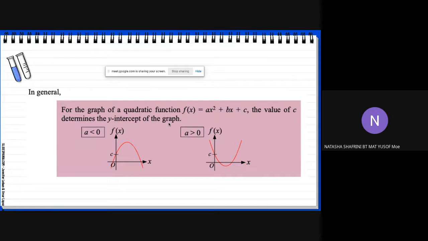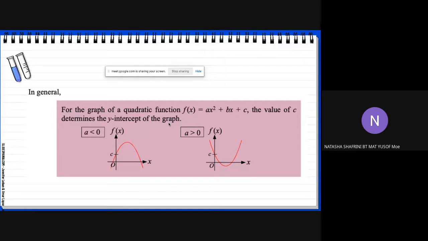What is the y-intercept of the function? Negative 4, good.